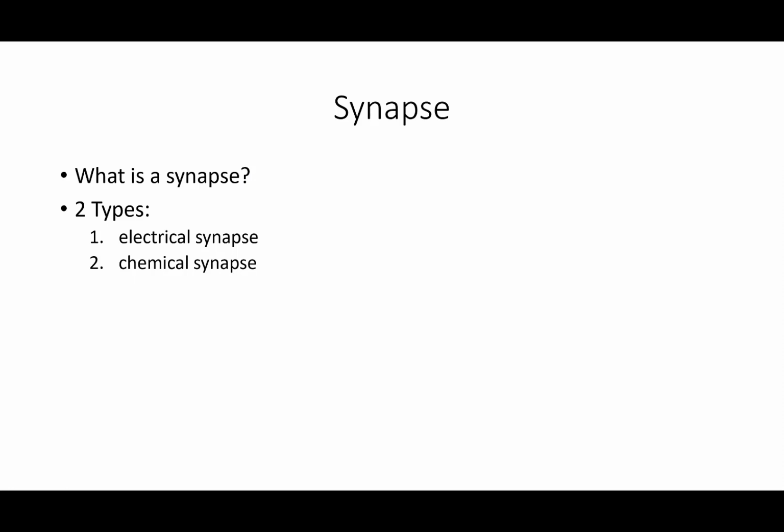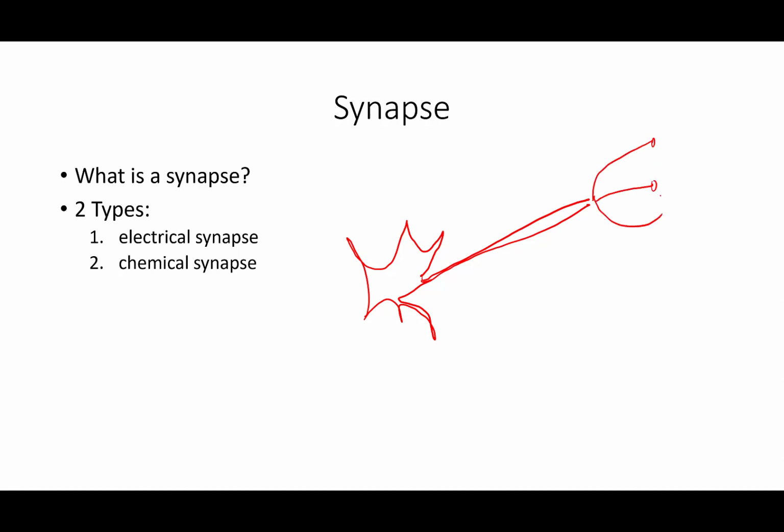So first, let's define a synapse. If we have a neuron, and we went over the different parts of the neuron last time. So we have its soma, its dendrites, the axon, and then we come to the axon terminals.